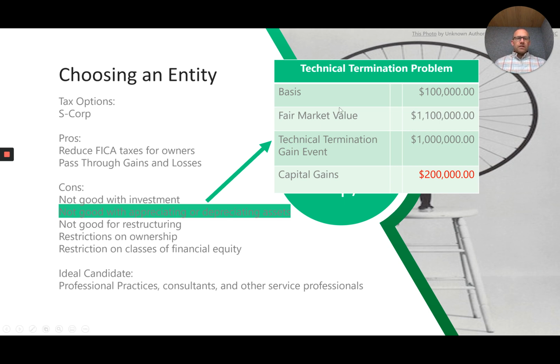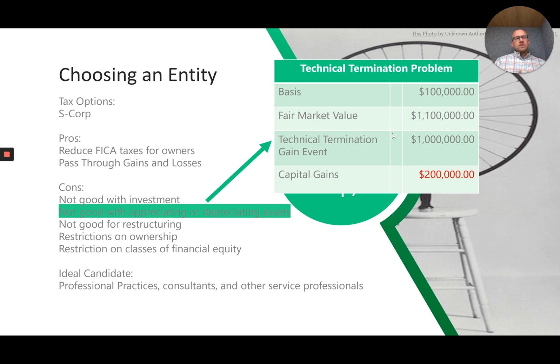So here's the thing. With all of those requirements that we talked about for an S Corp, if you violate one of those requirements, it automatically, without you having to say anything to the IRS, technically terminates your S Corp status. And then what that means is that you go back to being taxed as a C Corp, and it automatically treats that situation as if you transferred all of your assets from an S Corp to a C Corp without any money changing hands.